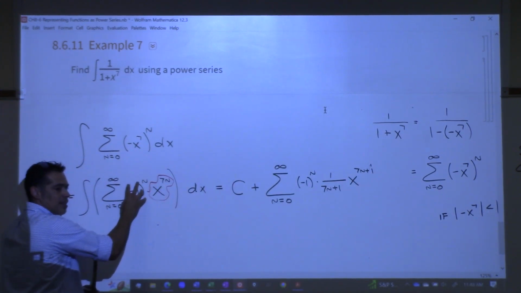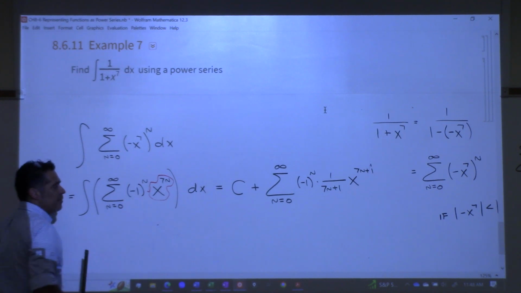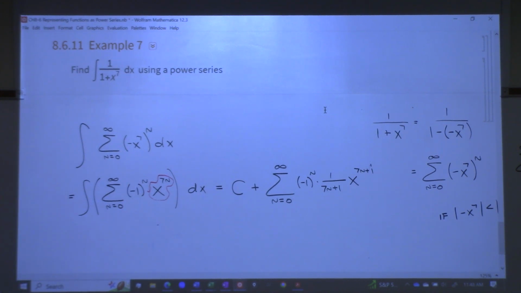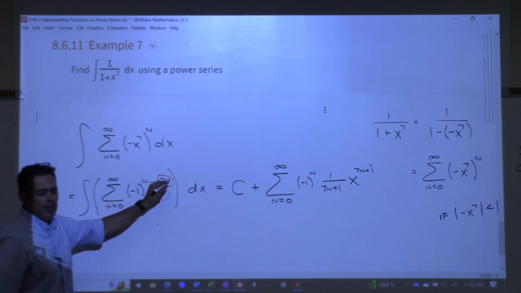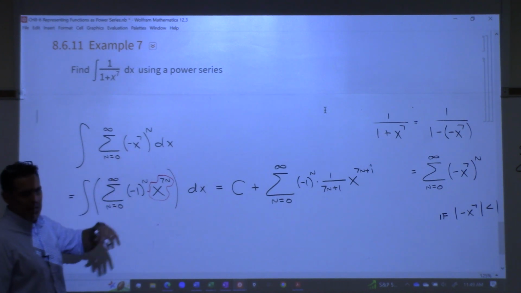This is our constant that comes for the ride each time. So any chance you have to take out negative 1 to the n, you should do that. You're trying to get x to a power. You don't want negative x to a power, because then that'll throw things off.